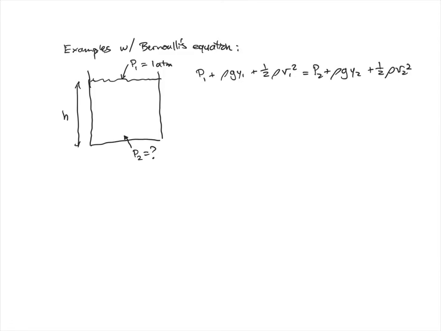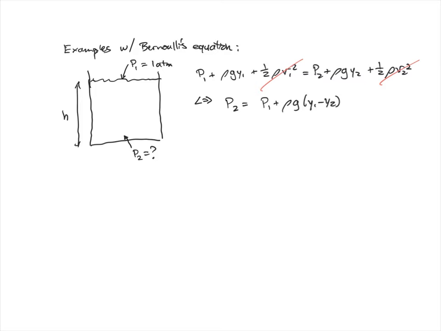Now in our case, the fluid is not moving at the top and the bottom, so we can cancel those two parts out, and then we can solve for P2. So P2 is going to be equal to P1 plus rho g times (y1 minus y2), where I've moved this part over to here and factored out the rho g.